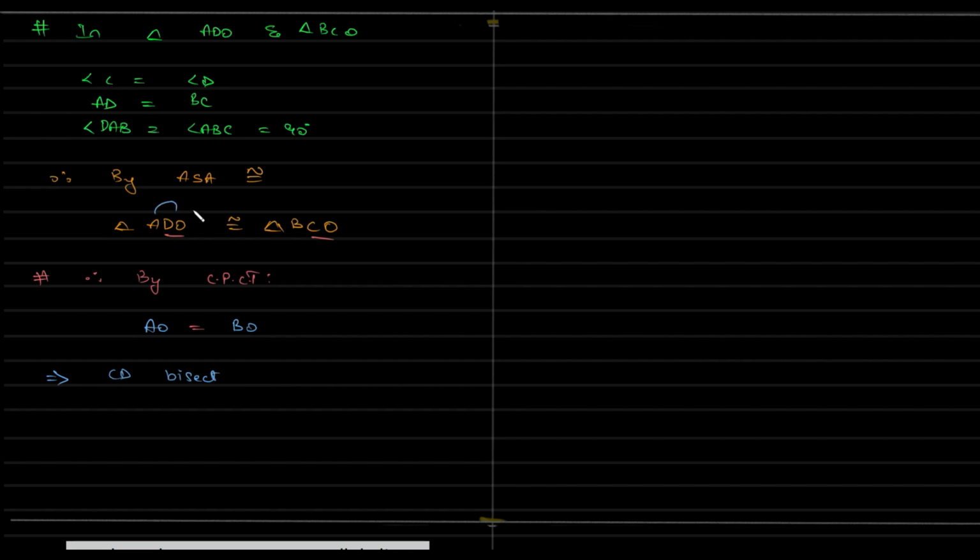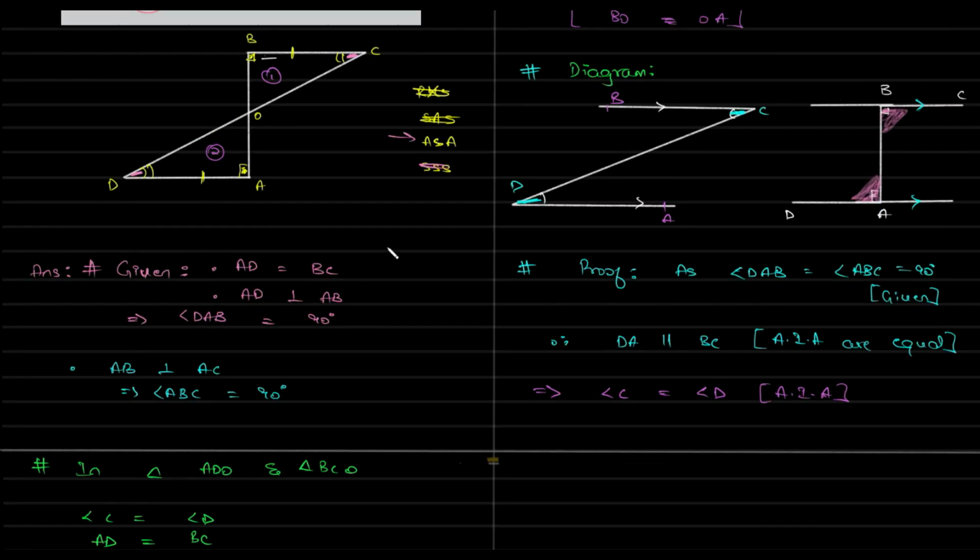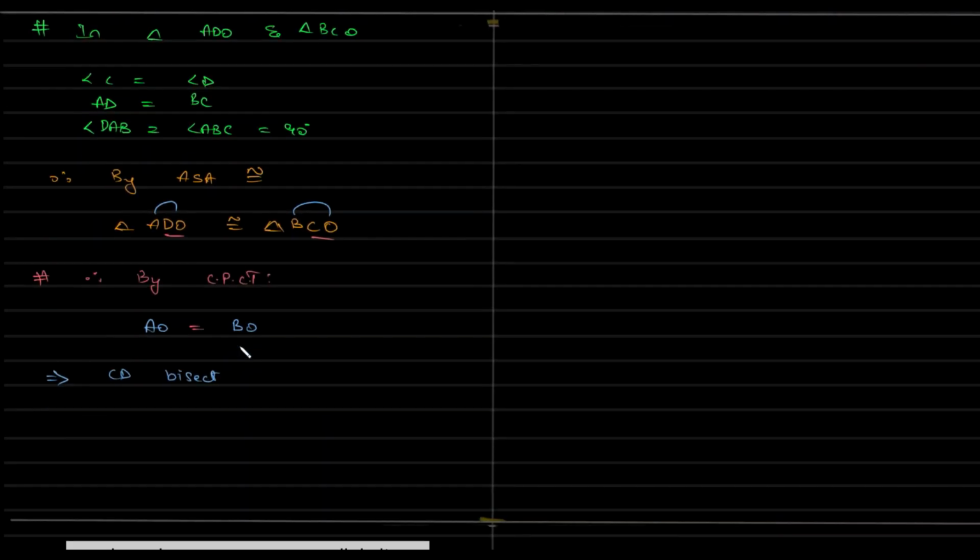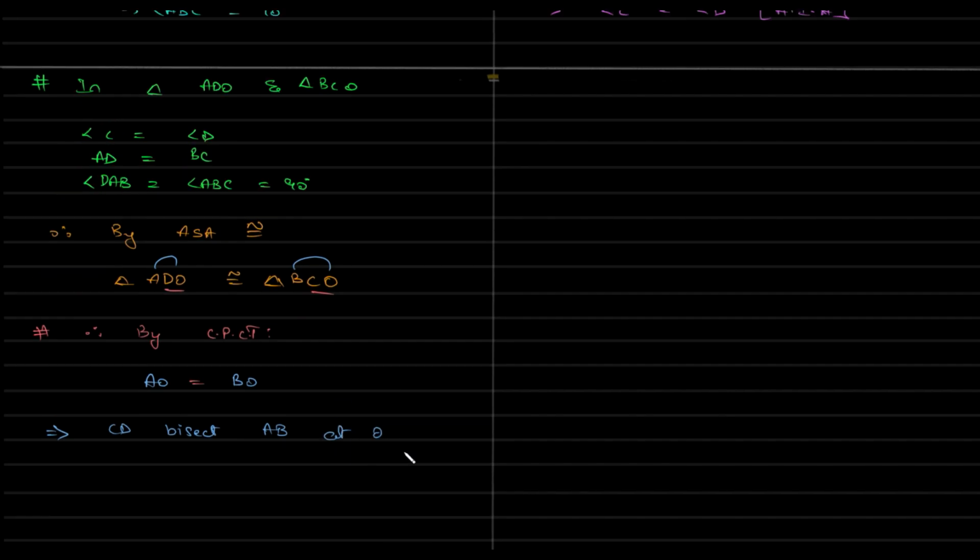This is what we need to prove. These two sides are equal to these two sides, right? Therefore CD bisects AB at O. Again, scrolling up and down, I made a mistake, but otherwise it's very clear.